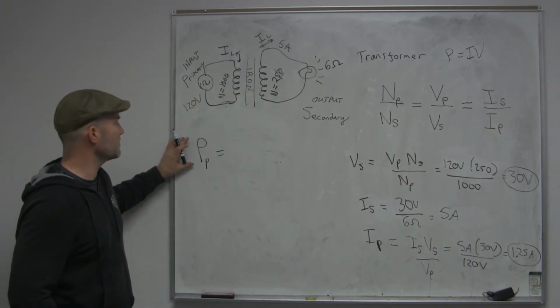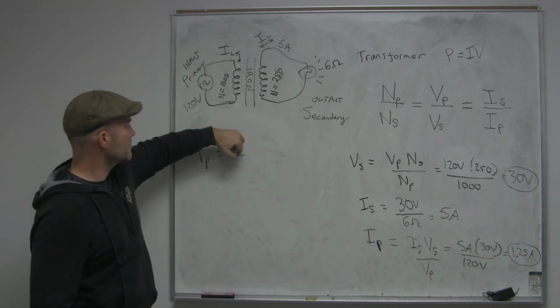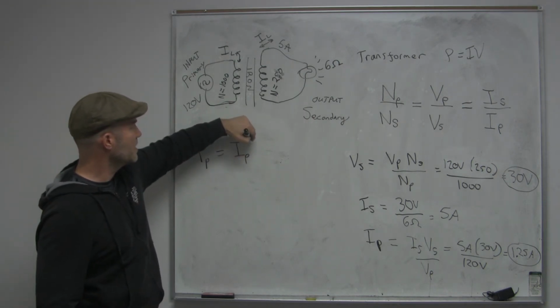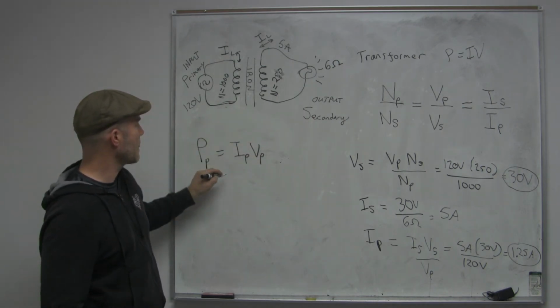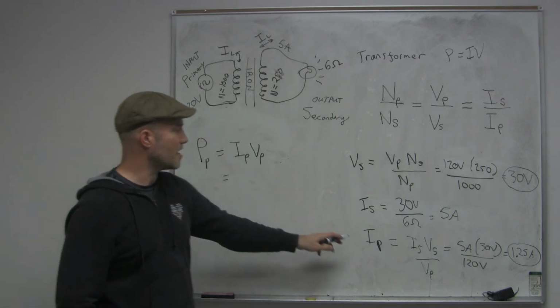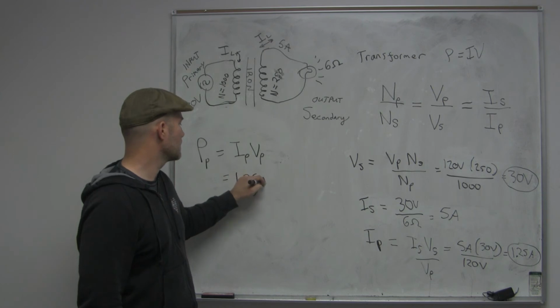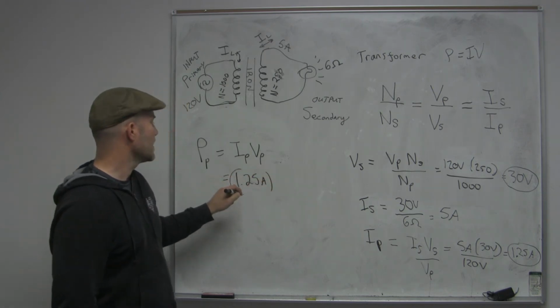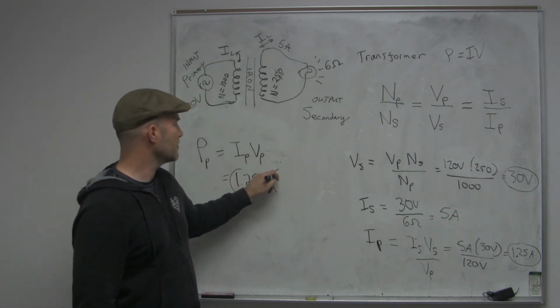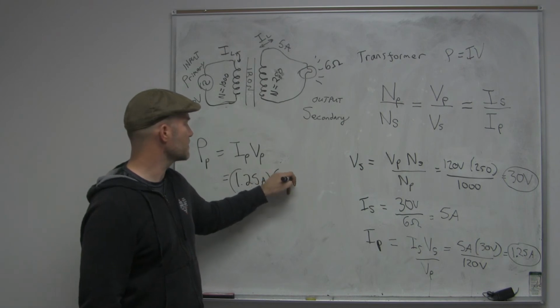A little bit different. So what is the power on the primary? The power on the primary is equal to the current on the primary times the voltage on the primary. Primary current is 1.25 amps. The primary voltage, remember, was 120 volts.